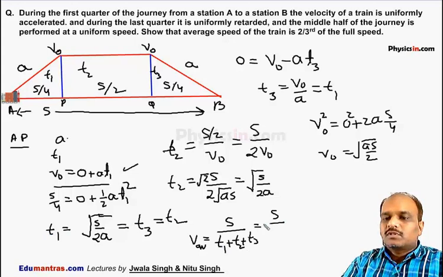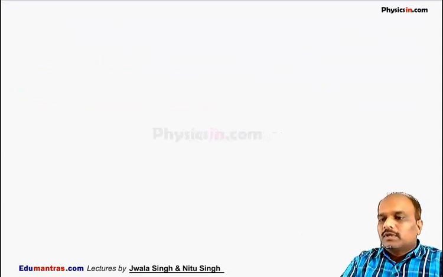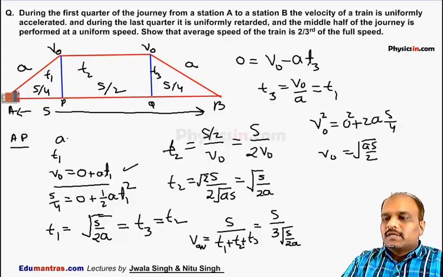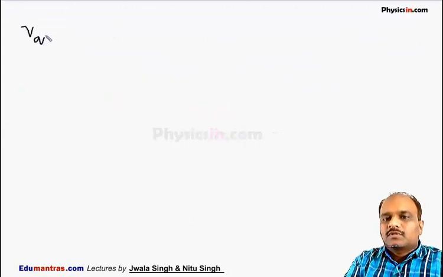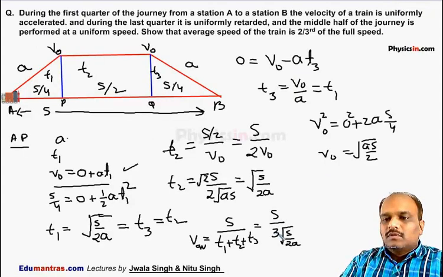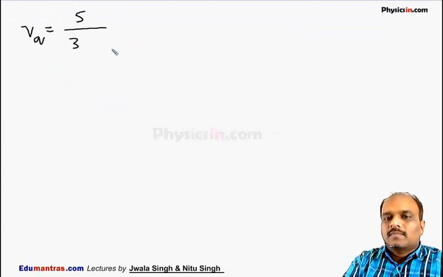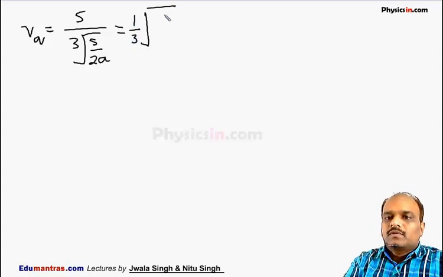As T1, T2, T3 are all equal, it is equal to S divided by 3 root S by 2A. This is equal to 1 by 3 root over 2AS.